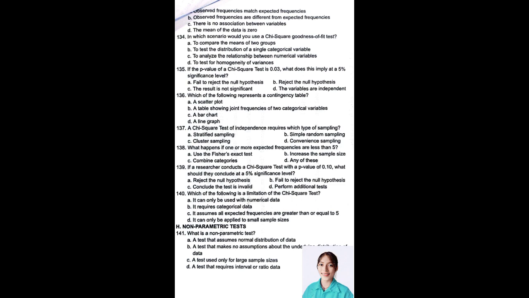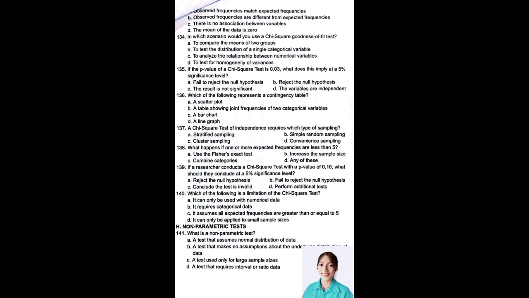So as you can see in the four options, option B is the scenario where you would use a chi-square goodness of fit test, to test the distribution of a single categorical variable. Then we have 135. If the p-value of a chi-square test is 0.03, what does this imply at a 5% significance level? So it implies that it rejects the null hypothesis. So that's in option B.